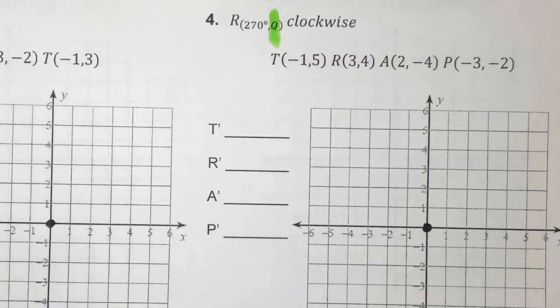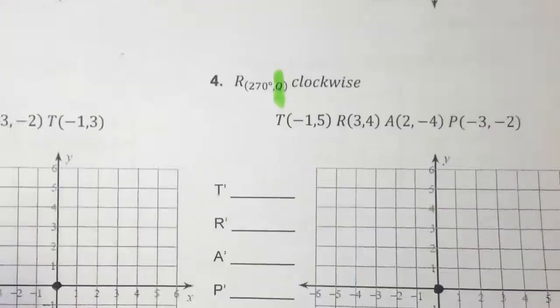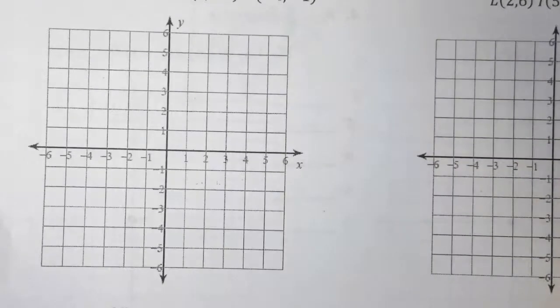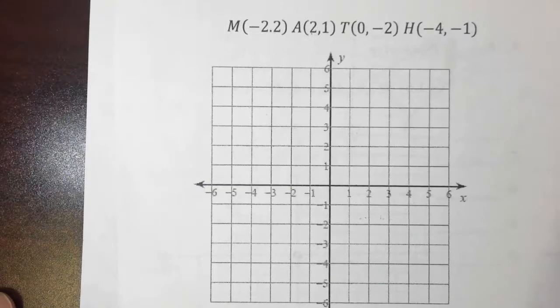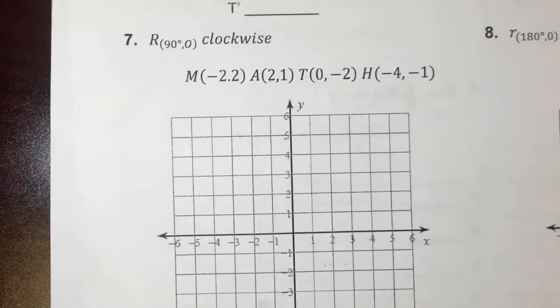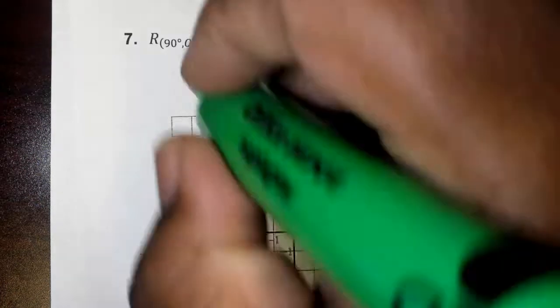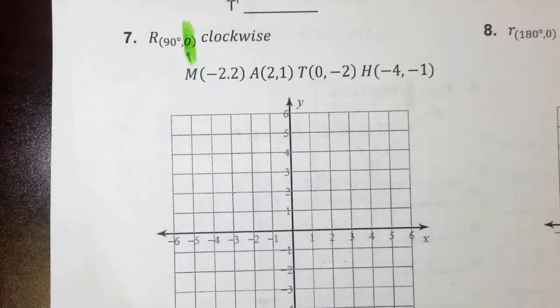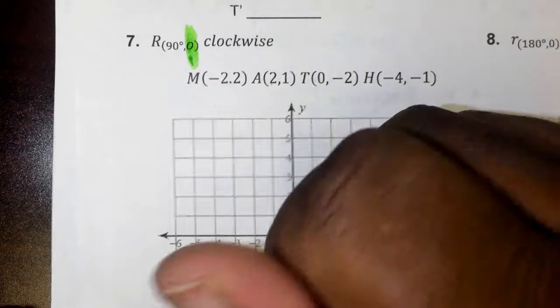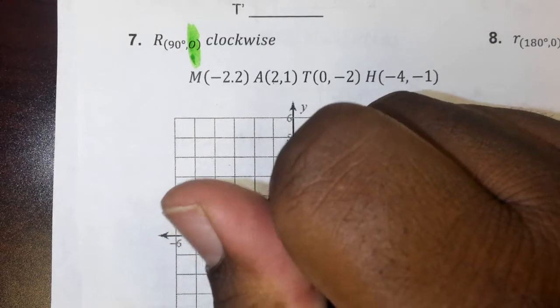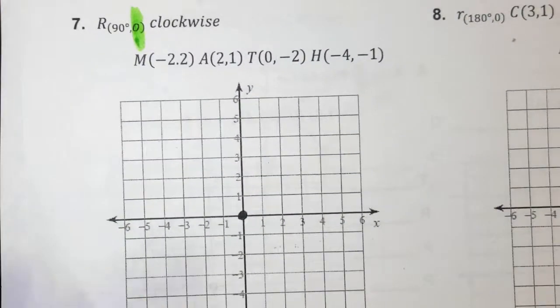And then there's a typo on the back we need to correct. On the back, number 7 tells you to go around the origin as well.